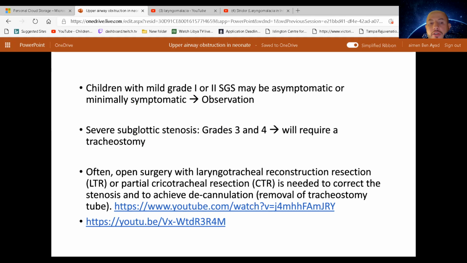Then for the long run, in order to achieve decannulation, you need to do either laryngotracheal reconstruction or partial cricotracheal resection. Please, there are 2 YouTube videos you can watch in order to differentiate between the 2 procedures. They're very nice videos, and it's highly recommended to watch them.